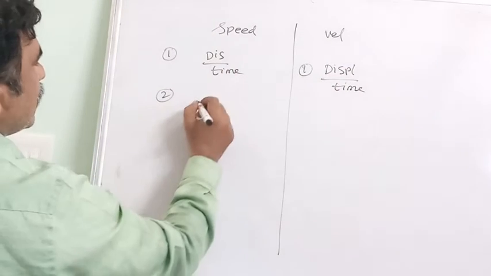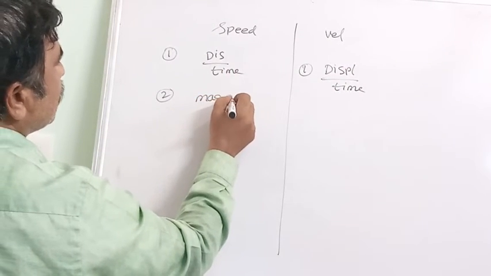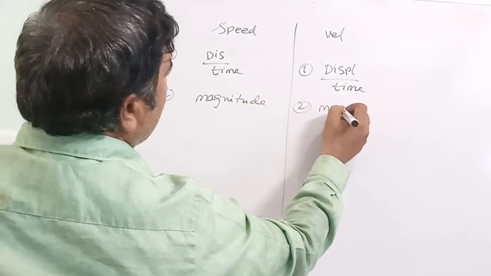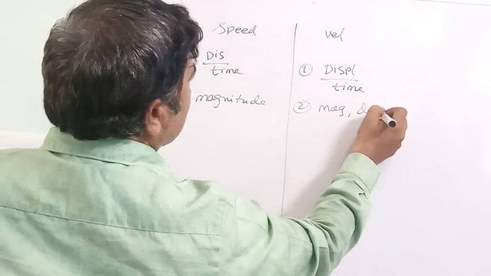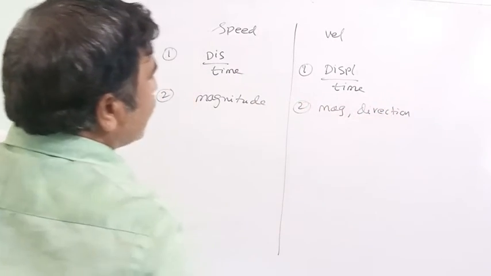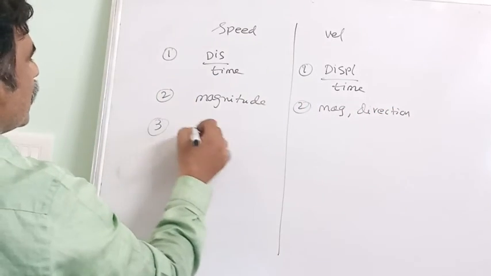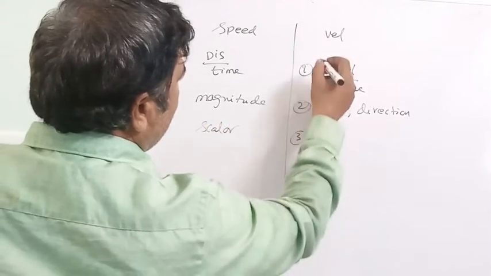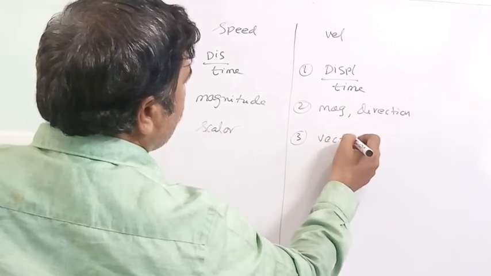Speed has only magnitude. Velocity has magnitude and direction. Therefore, speed is a scalar quantity. Velocity is a vector quantity.